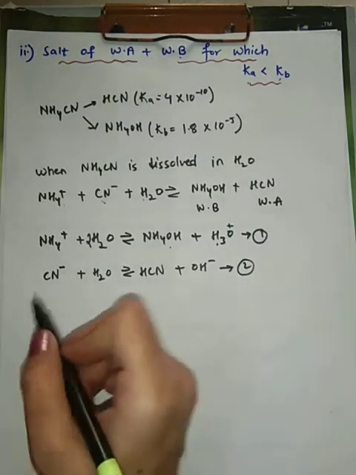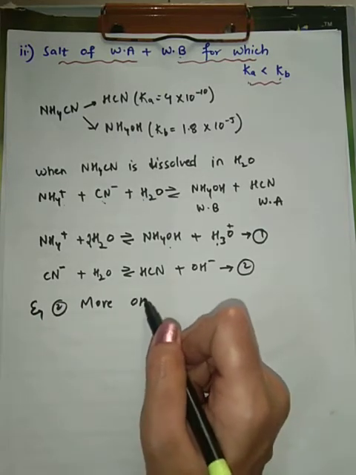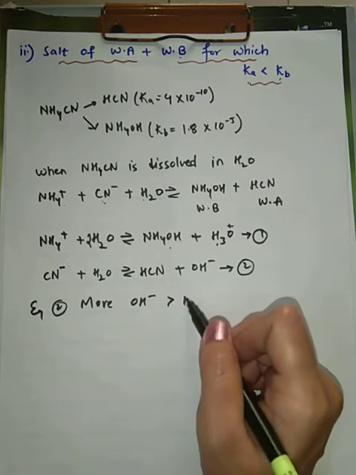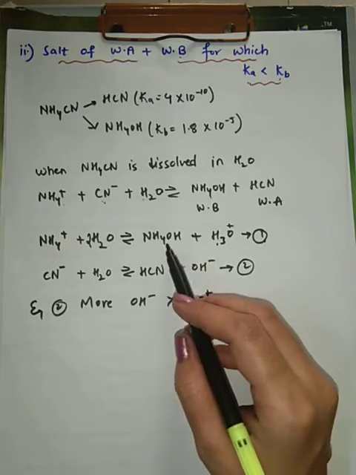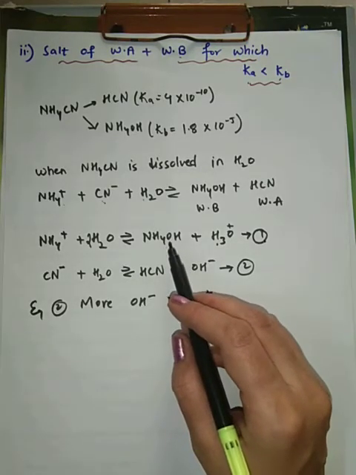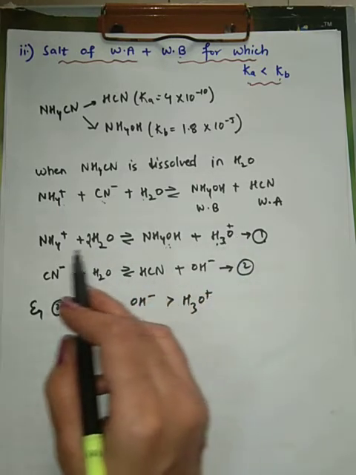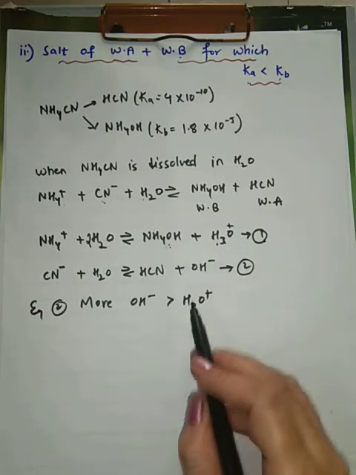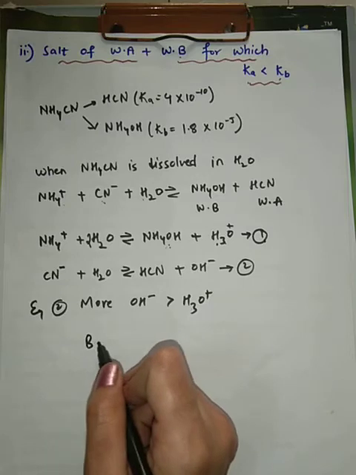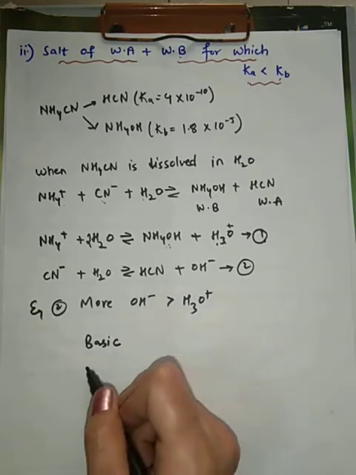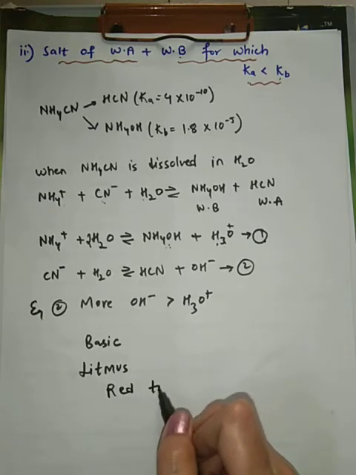So equation 2 produces more OH minus as compared to the hydronium ion produced in equation 1. Right, in this equation NH4OH is a strong base, that's why it reacts with the hydronium ion again and goes back. So the amount of hydronium will be less as compared to OH minus. So the solution is going to be basic in nature, which turns litmus paper from red to blue.